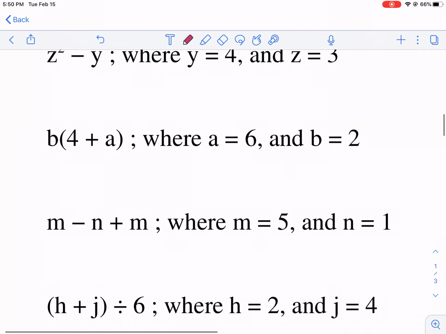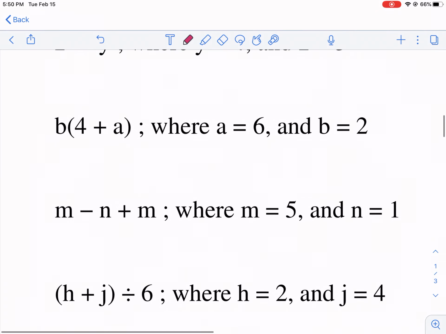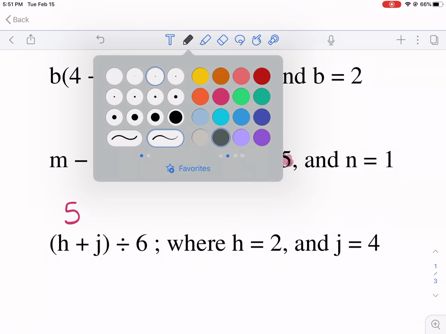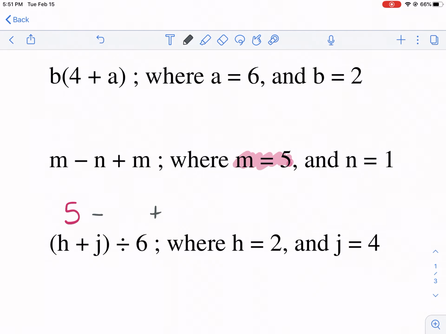Okay, I'm going to do another one I'm guessing students are going to mess up, and that is surprisingly this one right here, second from the bottom. Again, anywhere I see an M, I'm going to write a 5. So I have 5 here. I'm going to just kind of fill in the different signs. Okay, and then I have another 5 here.